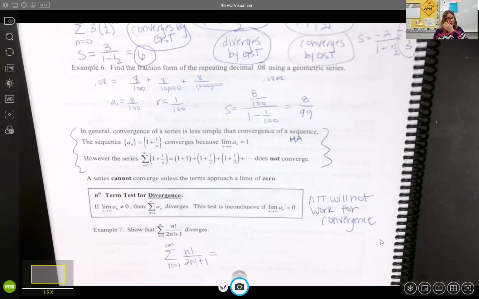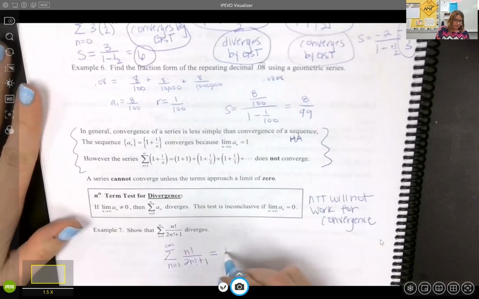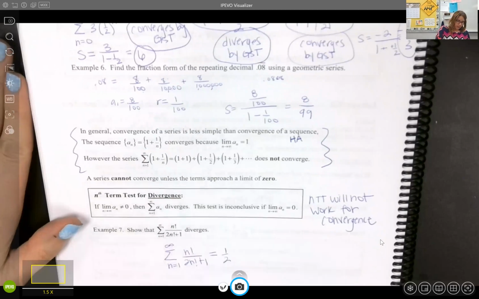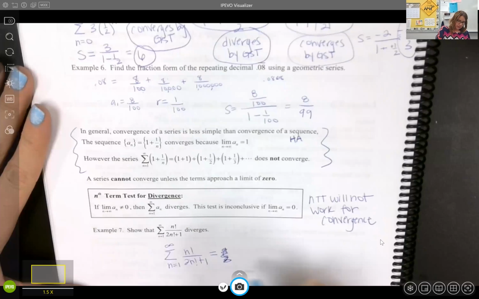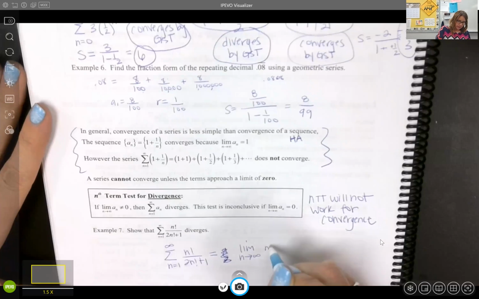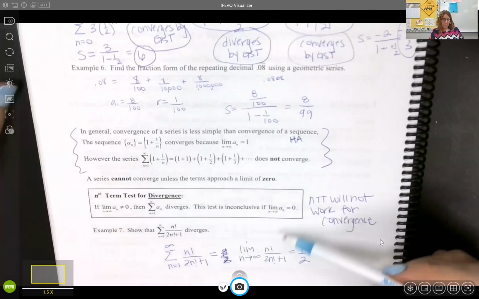I'm going to say the limit of this is 1/2. I already messed it up. I need to write my limit. I'm sorry. The limit as n approaches infinity equals 1/2, because I'm just looking at that horizontal asymptote.